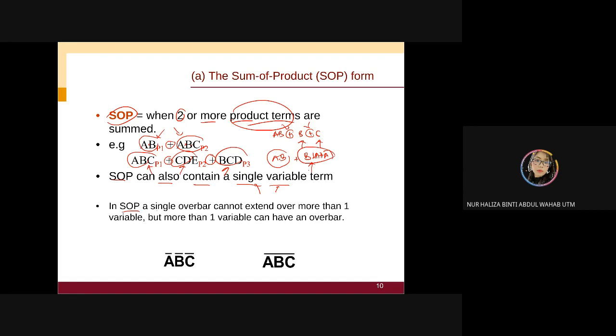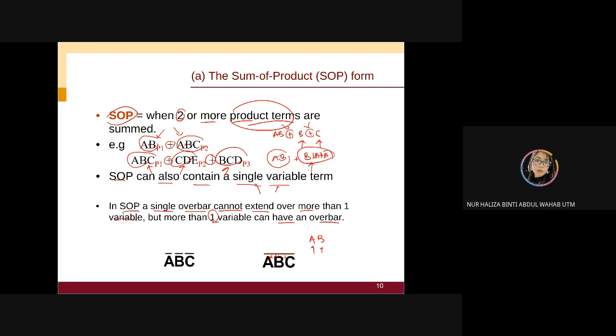In SOP, a single overbar cannot extend over more than one variable. Let's say you have A, B, which means two variables.